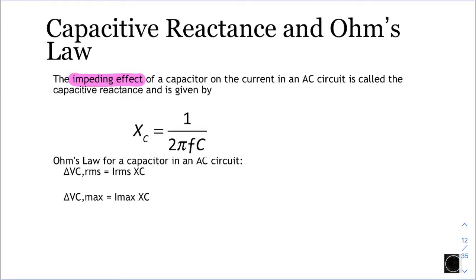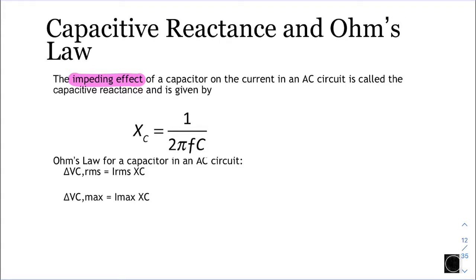Please charge me up until I'm fully charged, then you may pass through. That kind of effect we call an impeding effect, a kind of resistance. It makes it hard for the current to flow.